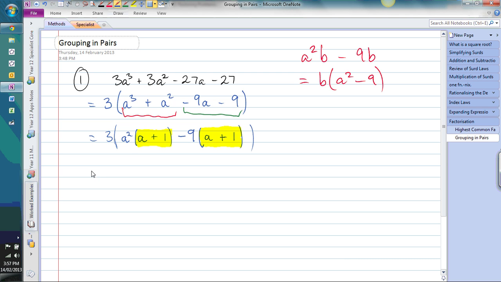So just like I can bring the b out in this situation, I can bring that a plus 1 out the front. So a plus 1 and a plus 1, they can both come out. In this first term, I've got an a squared left over. In this second term, I've got a minus 9 left over.